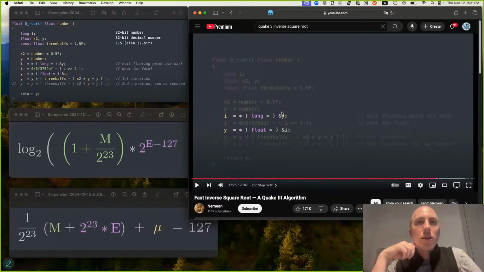We did copy the bits from Y into I, and then we modified I, and then we went back to Y. Okay.